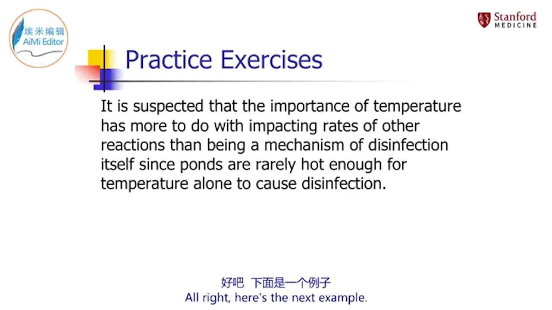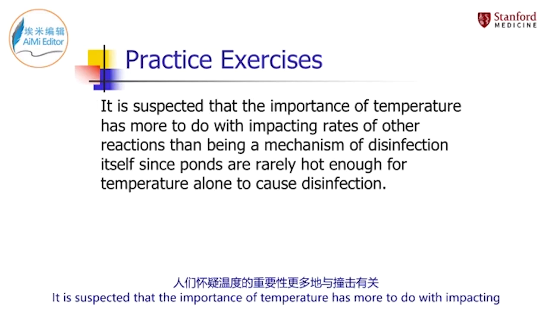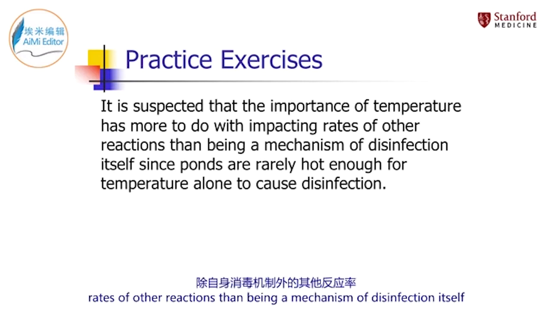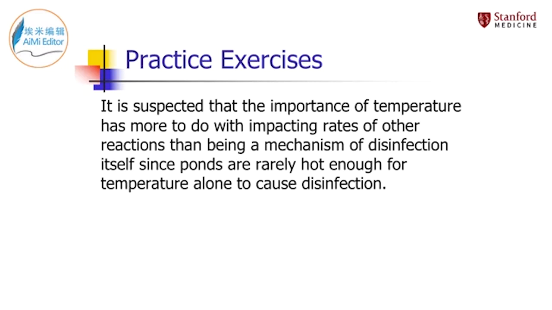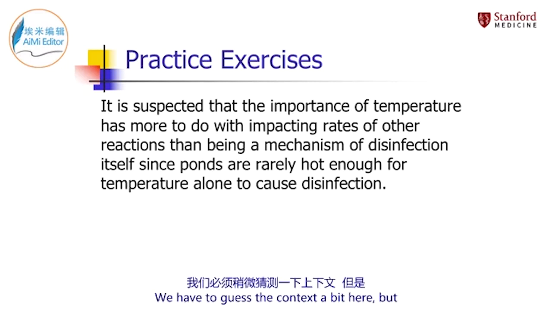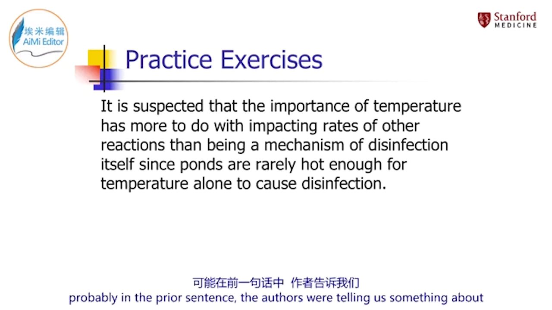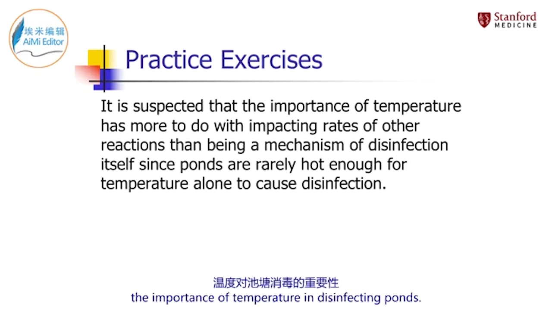All right, here's the next example. It is suspected that the importance of temperature has more to do with impacting rates of other reactions than being a mechanism of disinfection itself, since ponds are rarely hot enough for temperature alone to cause disinfection. We have to guess the context a bit here, but probably in the prior sentence, the authors were telling us something about the importance of temperature in disinfecting ponds.